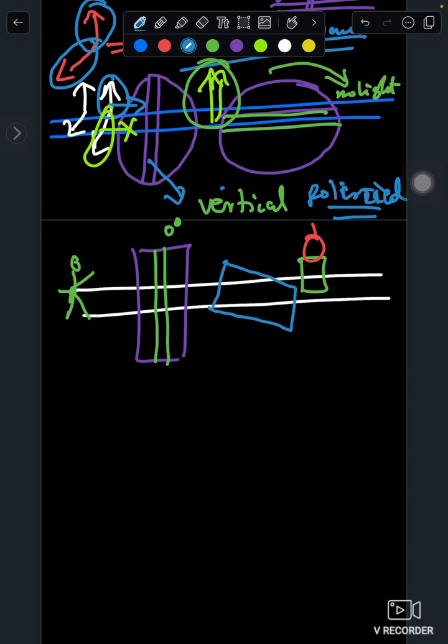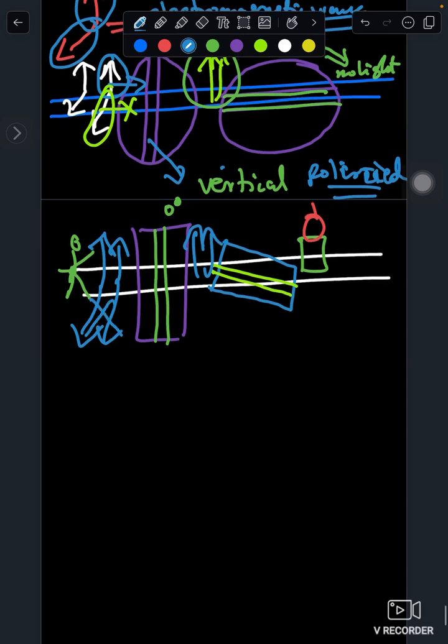Now it's horizontal, so after going through it, only these will remain. These will be stopped, blocked. So here 50% of the light is gone.